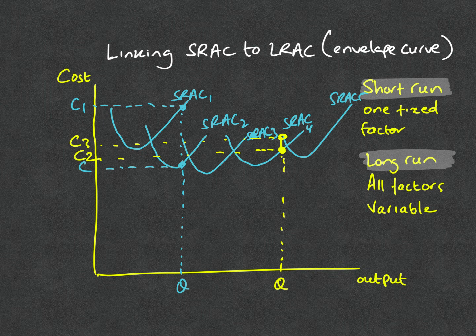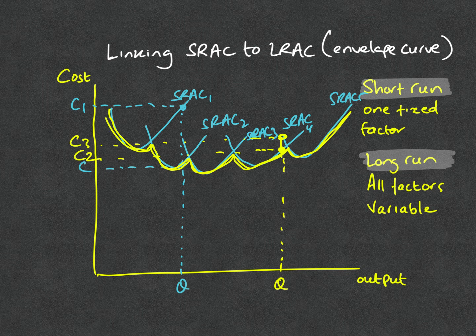Now, if we were to link these together, you'd notice that you are going to draw another curve all the way through the lower ends of the existing SRAC curves. So essentially, you're trying to highlight this curve here, and then this bit, and then this bit, and then this bit there. It kind of looks like the LRAC curve, but not quite, because there are only a few curves there.